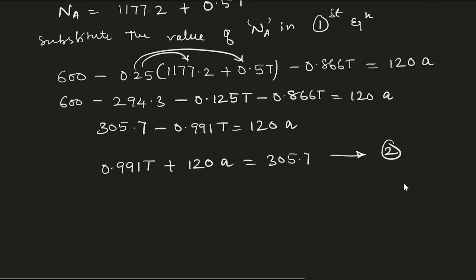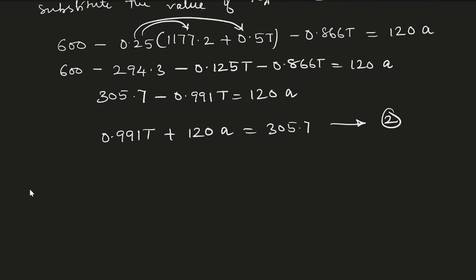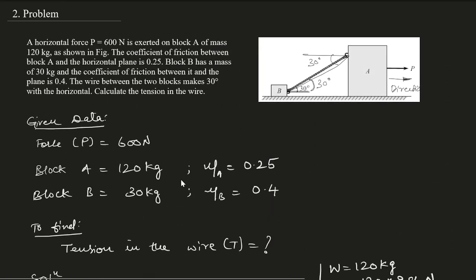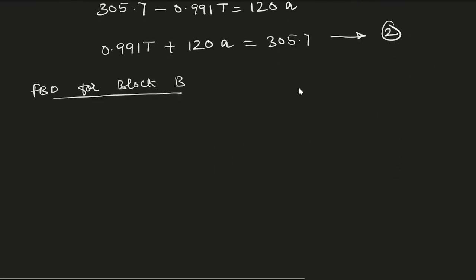Now similarly, we have to solve for the FBD for block B. If you look at the diagram, block B is resting on the horizontal surface, and the rope's tension is at 30 degrees. So we'll draw the FBD for block B as well.